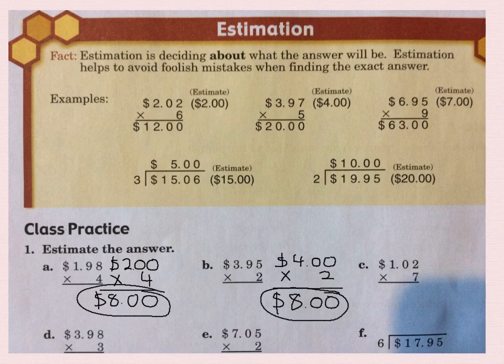Okay, C, we have $1.02 times 7. Instead of $1.02, let's make it $1. Times 7. And we get $7.